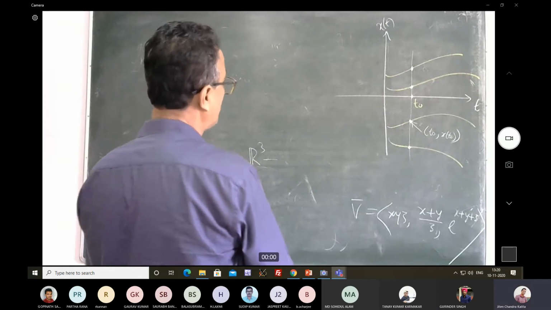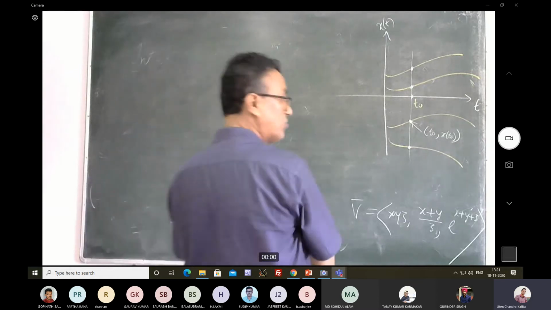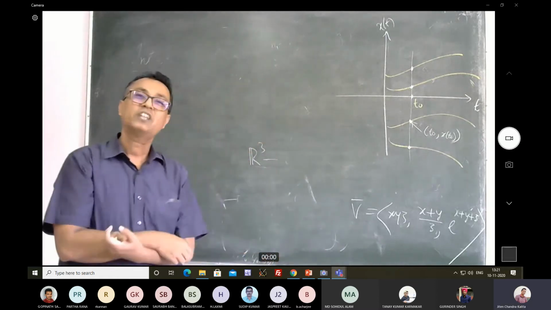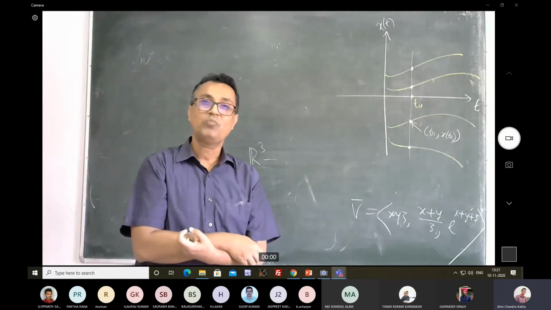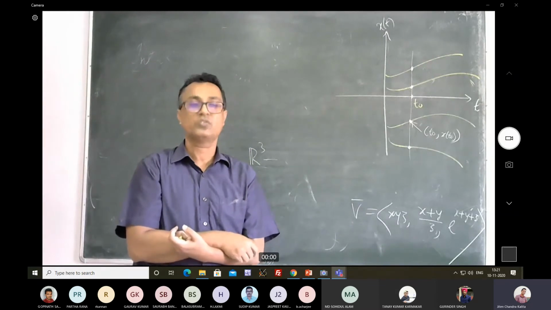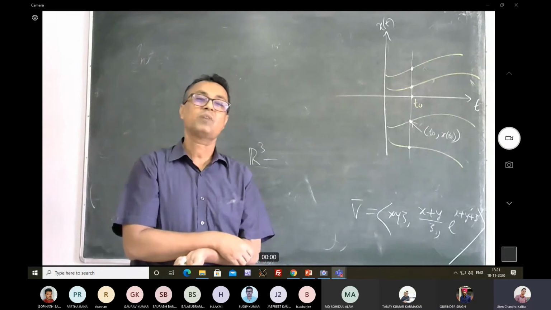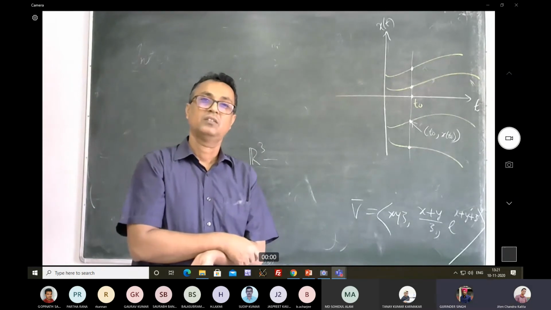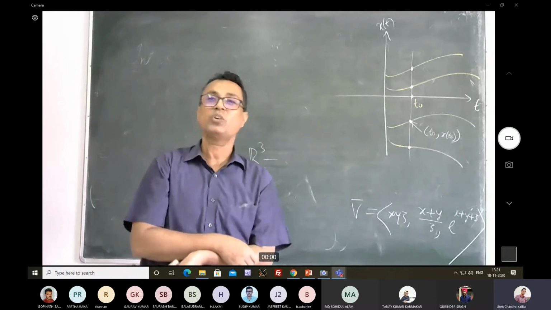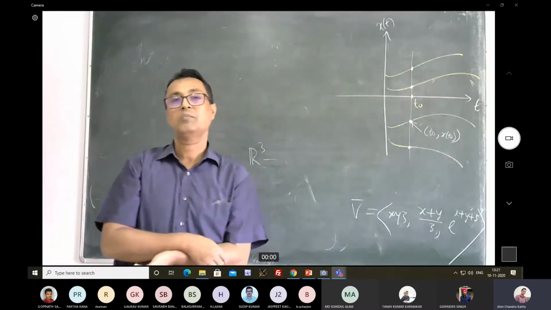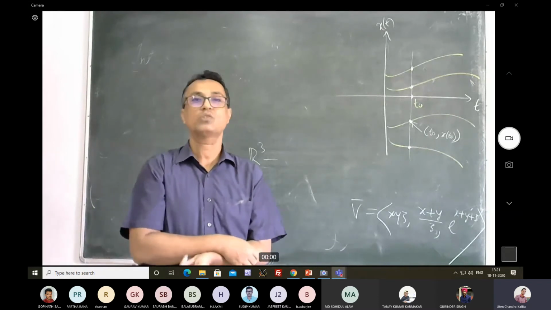And what about the second component? The only thing is that the second component cannot be defined for z equal to 0, right? I don't have any problem with the non-vanishing part. Is it okay with everybody? Whatever happens, because of the third component, it is always going to be non-vanishing. But the problem lies in the second component because it is not defined for z equal to 0.